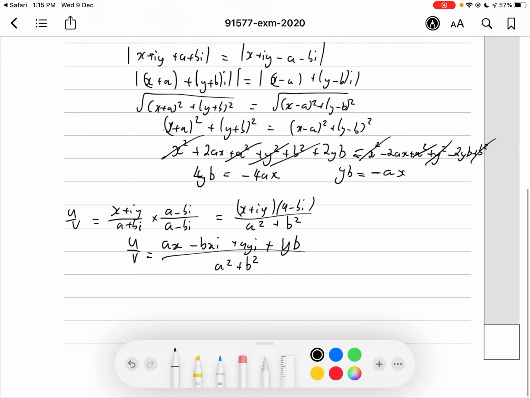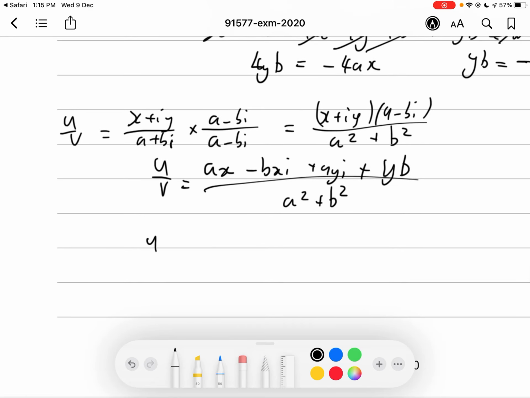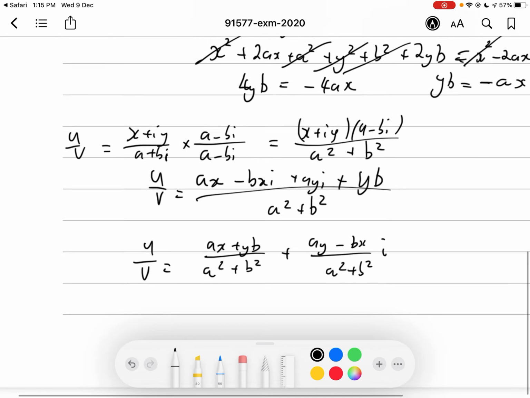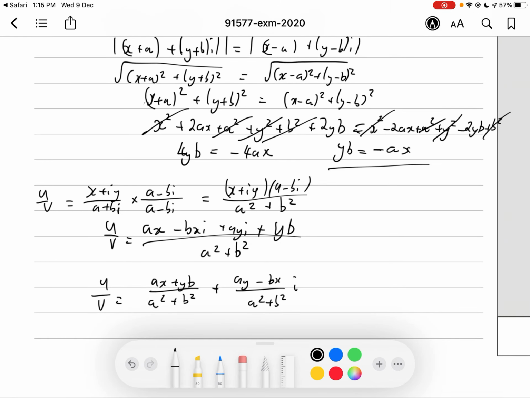We're going to separate this into our real terms and our imaginary terms. So u over v equals (ax plus yb) over (a squared plus b squared) plus (ay minus bx) over (a squared plus b squared) i. But now we're going to come back to here.